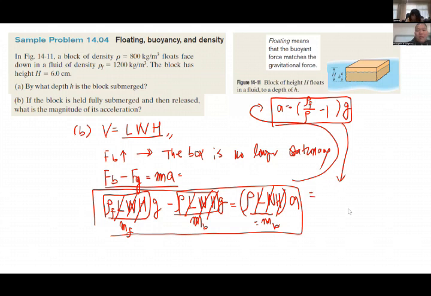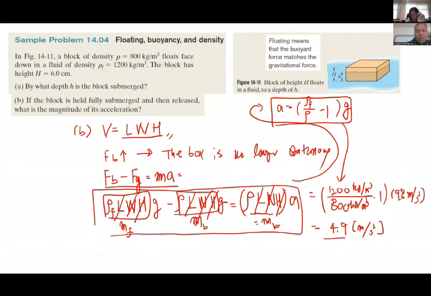Now you plug in the density numbers of the fluid and the box: 1200 kilograms per cubic meter divided by 800 kilograms per cubic meter, minus 1, times the gravitational acceleration constant 9.8 meters per second squared. That leads to the answer of 4.9 meters per second squared.